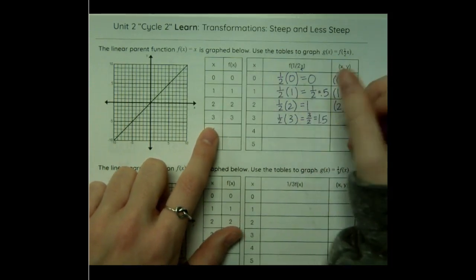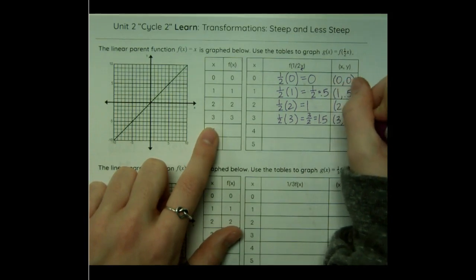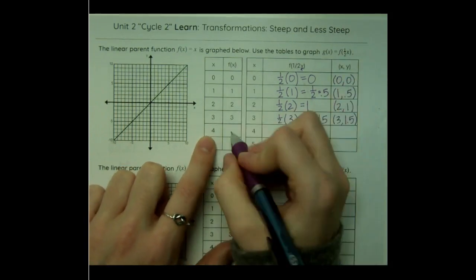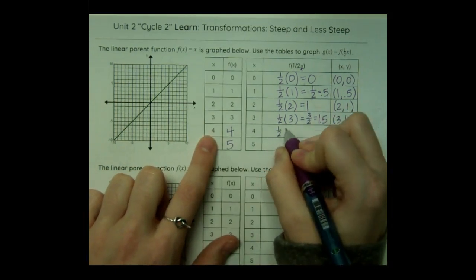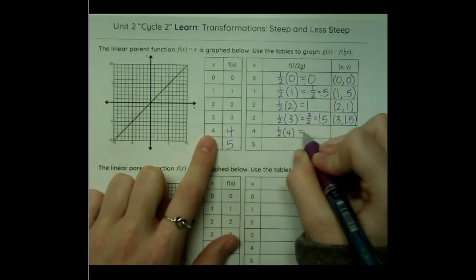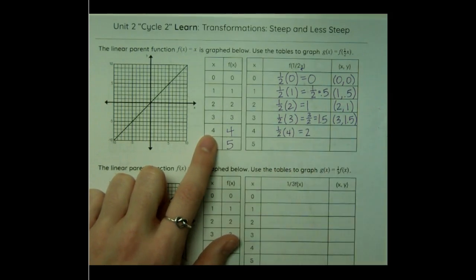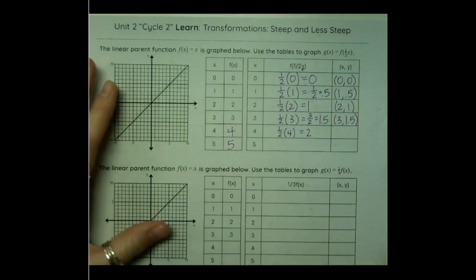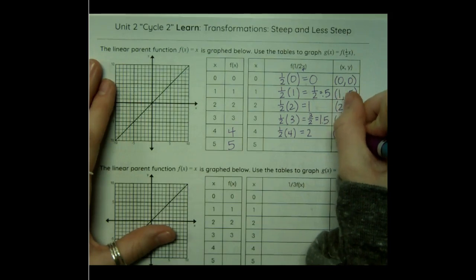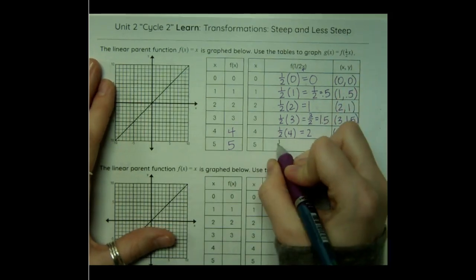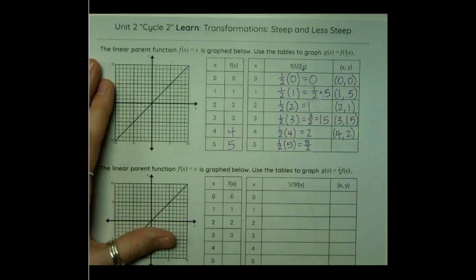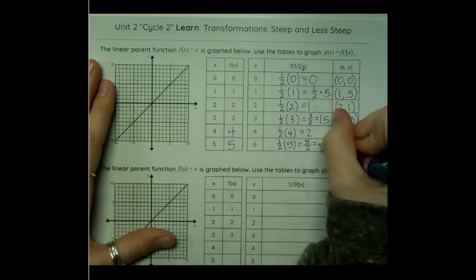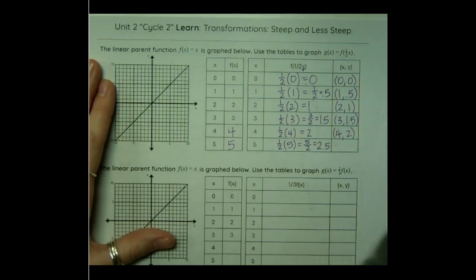Every so often when I get a fraction, I need to change it into a decimal to make it easier to read. I've got 1/2 times 4, which is 2. So my last point, I'm plugging in a 5. I get 5/2, which turns into a decimal of 2.5.